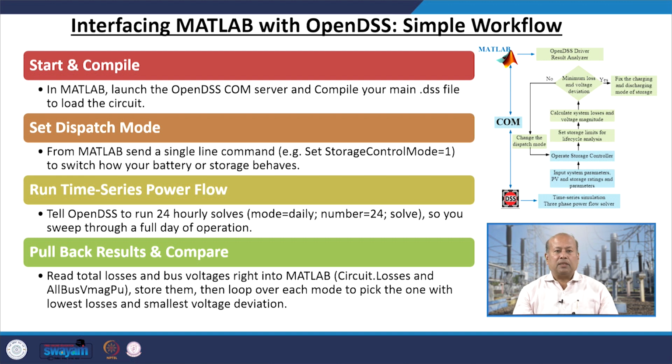Tell OpenDSS to run 24-hour solver mode daily, number 24 solve, so you sweep through a full day of operation. Read total losses and bus voltages into MATLAB, circuit losses and all bus voltage magnitudes per unit. Store them, then loop over each mode to pick the one with the lowest losses and smallest voltage deviations.